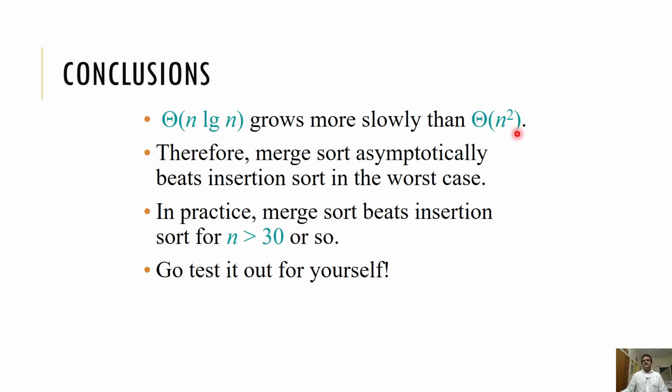Although log n is much smaller than n, because if n is 2 to the power 10, which is a huge number, then log n is just 10. So, log n is much smaller than n. So, asymptotically this is a better algorithm than order of n squared.